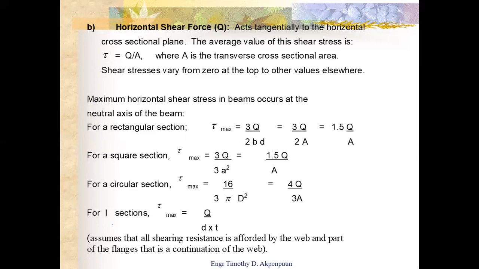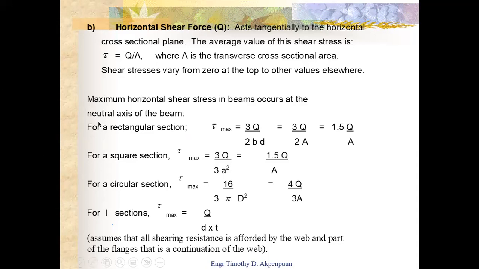Then for a 2x4 beam, the cross-sectional area is 2 times 4, which is 8, whatever the unit squared.